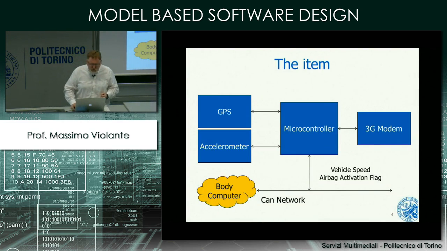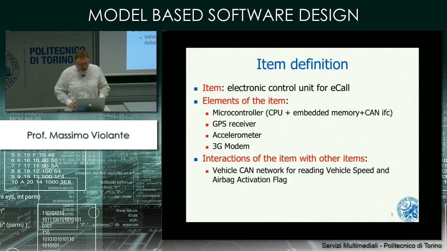The first thing that we have to do is the item definition, okay? So the process is always the same. Let's define the perimeter. Let's look at what we have to deal with, and then we proceed. So the item is composed of an electronic control unit for the eCall that is made of a microcontroller.